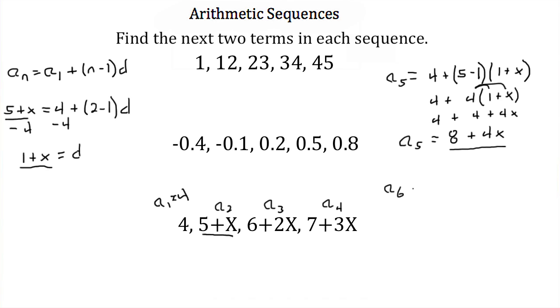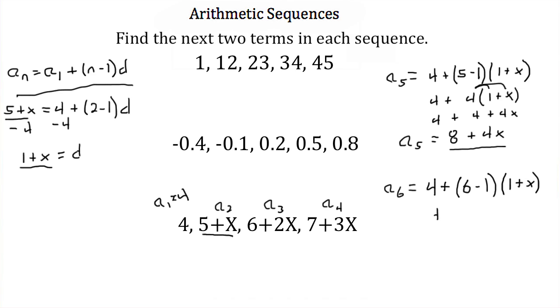Alright, let's now solve for our sixth term, or a6. Again, we're going to use the formula. And our first term, a1, is equal to 4 plus, our n is 6, this is our sixth term, and then our common difference is 1 plus x.